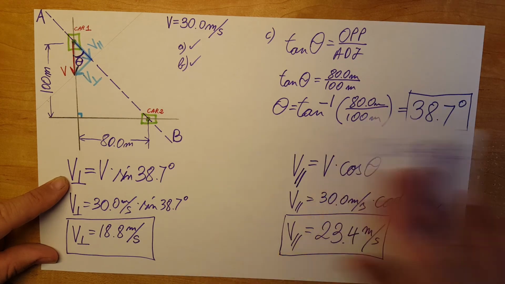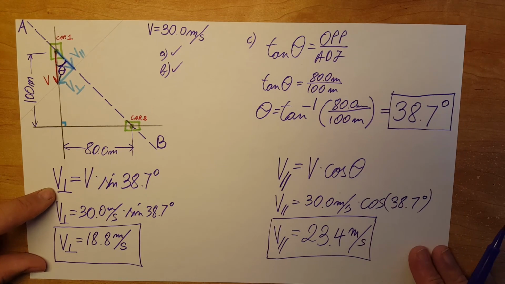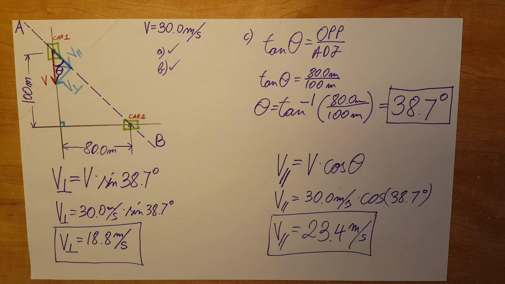Okay, there's our trig function for v parallel, v perpendicular. There's our value for v parallel, and there's our value for v perpendicular. And that would conclude the problem.